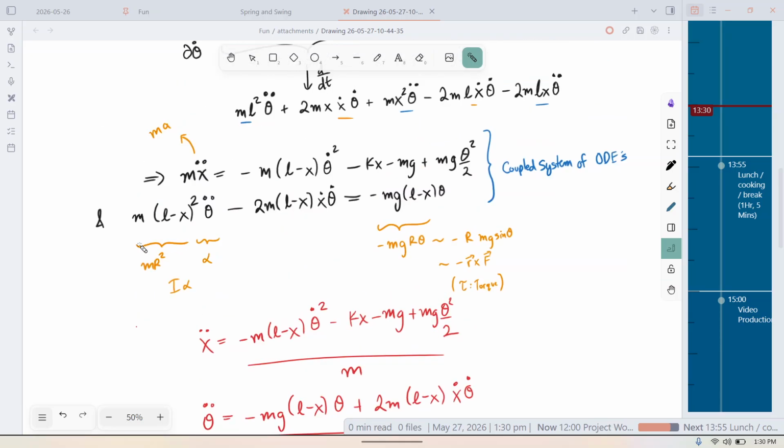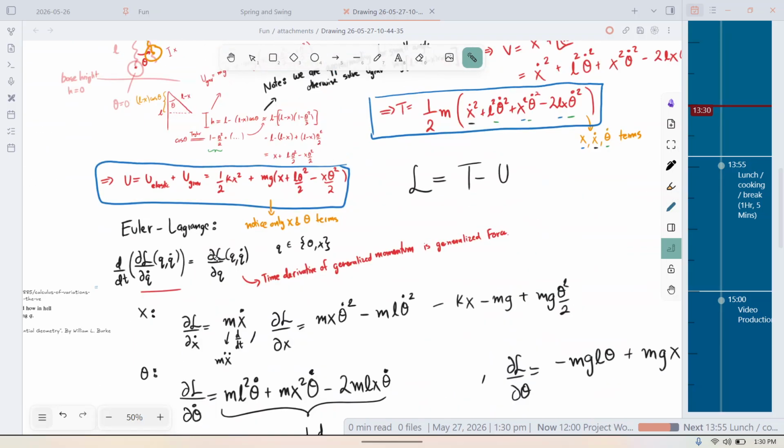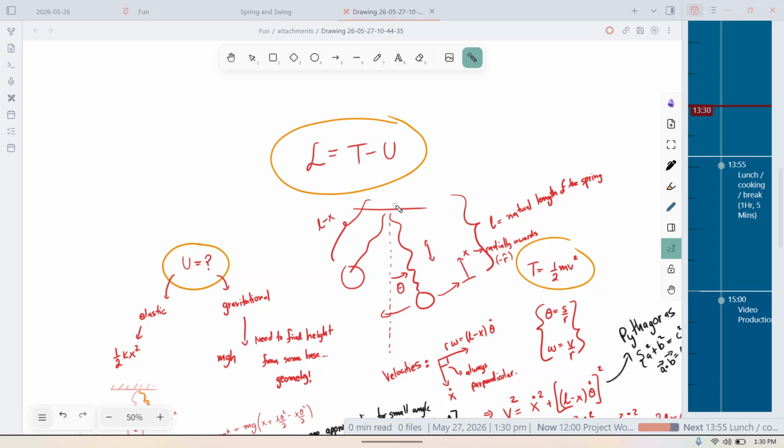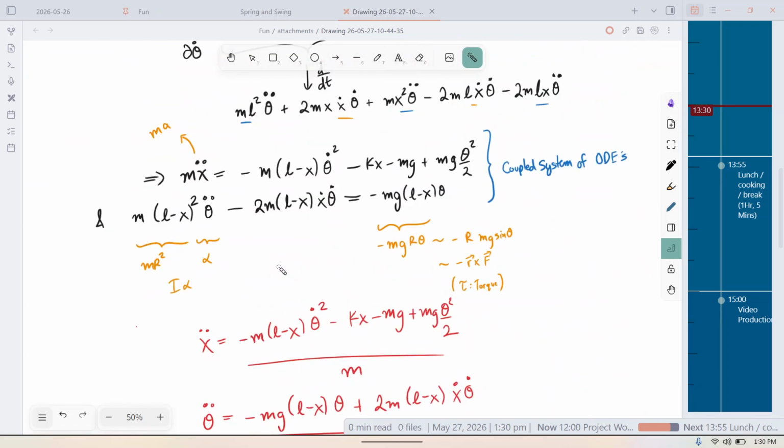And I wrote some notes on, again, this should look somewhat familiar to you. This is mr squared alpha. Mr squared is your moment of inertia. You remember the moment of inertia of a pendulum.